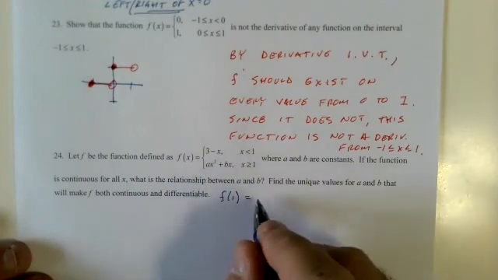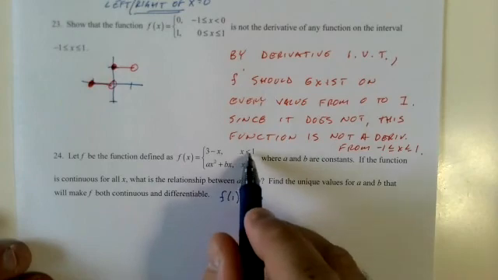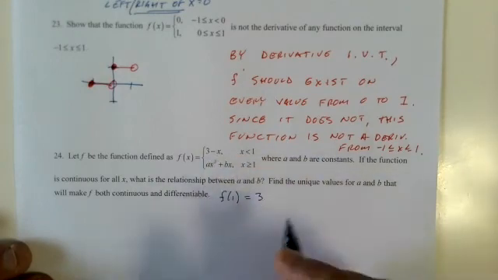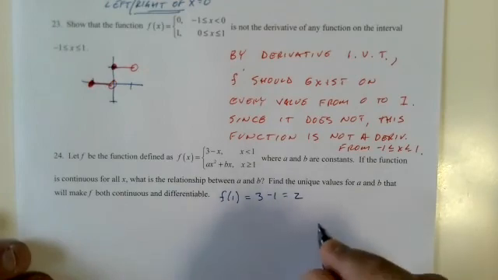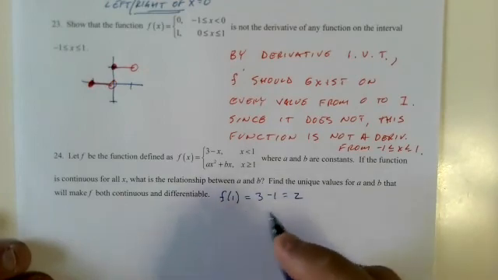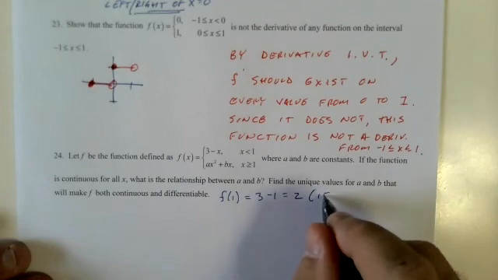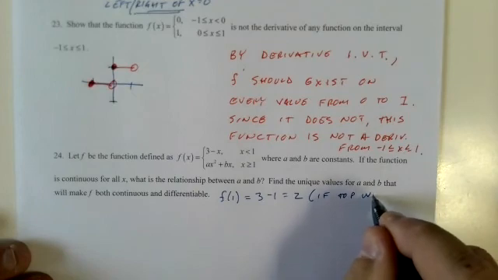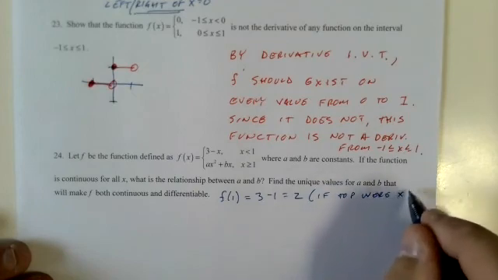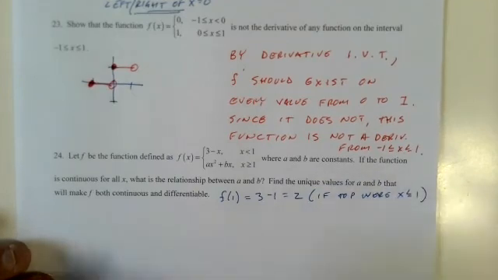All right. And this is not the one, it's over here. So what does it have to be over here? 3 minus 1 equals 2. This is for x less than or equal to 1. All right.